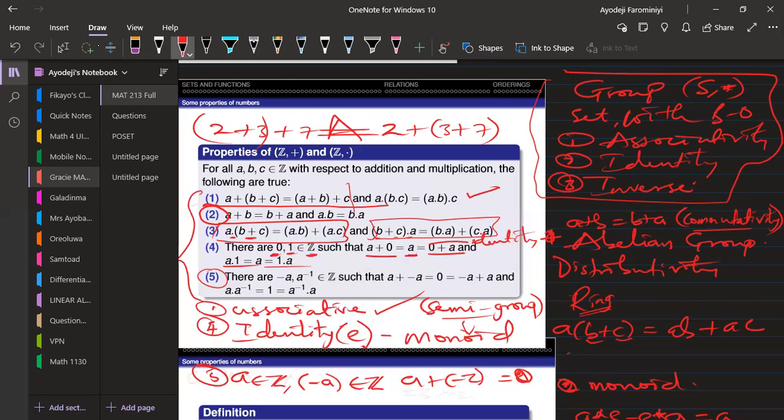Associativity for integers, statement number 2 is correct. When you multiply 2 by 3, it's the same as 3 by 2, so statement number 4 is correct. There is an identity. But statement number 5 is not correct.